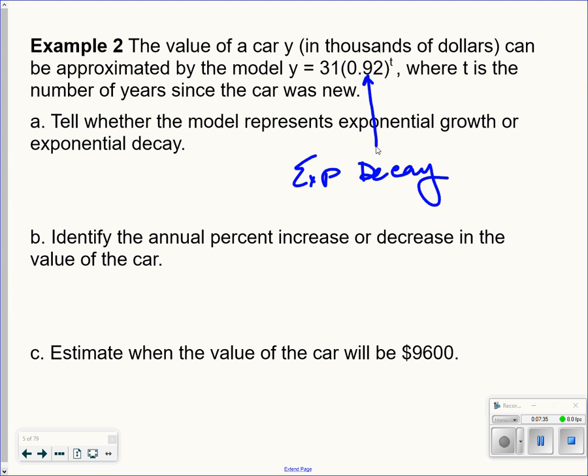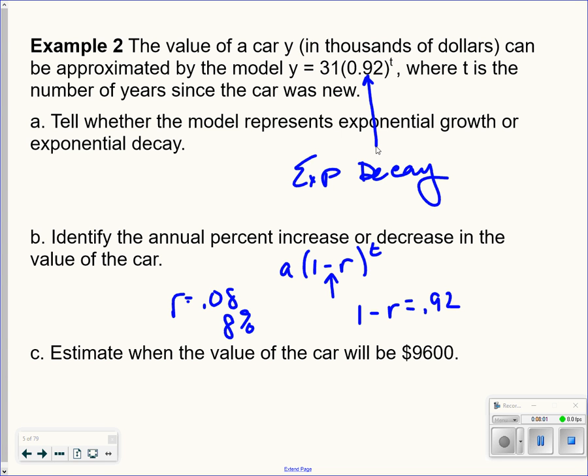So remember, the formula was a times 1 minus r to the t. Well, if this is equal to 0.92, then what does r actually equal? If I subtract 1, divide by -1, r would equal 0.08, or 8%. It's the actual percentage of the decrease.